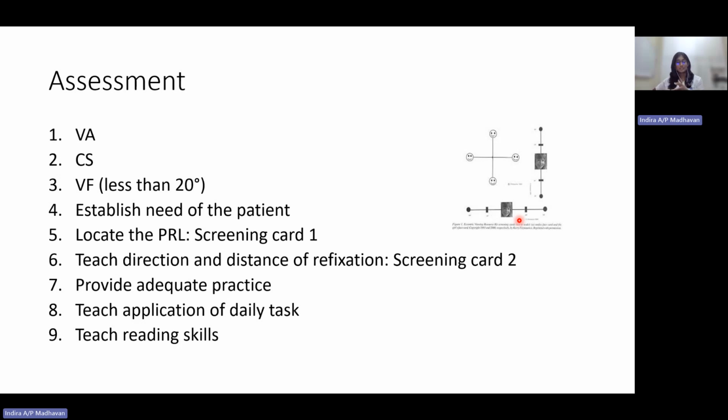Okay, so that thinking shouldn't be there. Cosmetically it doesn't look good, but it is benefiting me. So that should be conveyed to the patient. Which one is more important? Is it the cosmetic purpose, or the vision and work?